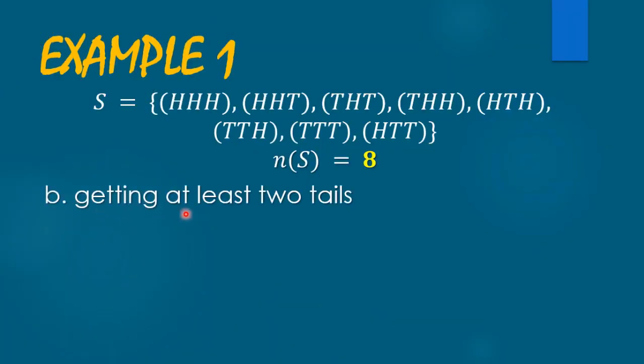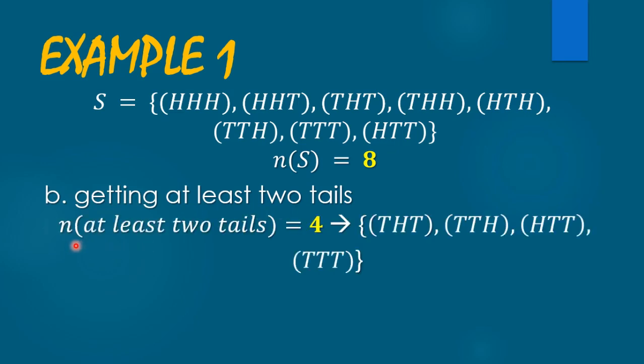Next is getting at least 2 tails. So when we talk about at least 2 tails, it could be 2, it could be 3. So from our given sample space, the number of elements having at least 2 tails is 4. We have tail, head, tail having 2 tails; tail, tail, head, another 2 tails; and head, tail, tail with 2 tails again.